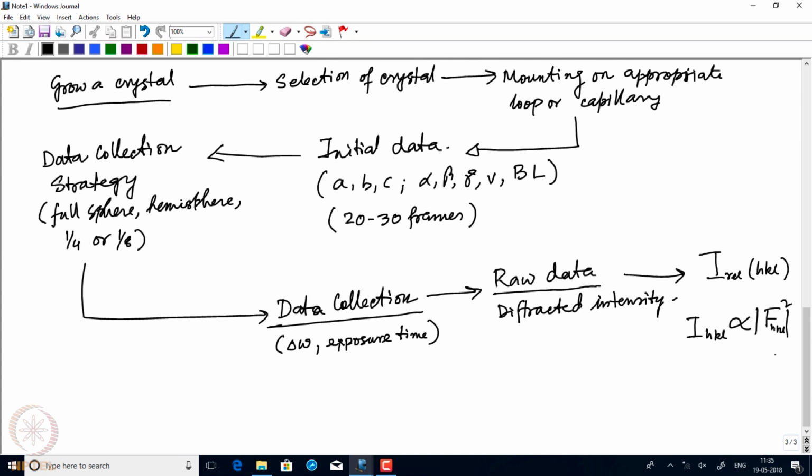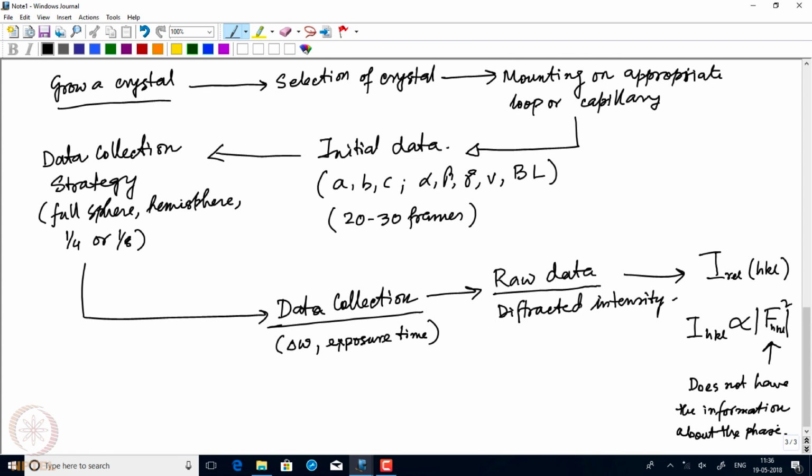Now this mod of F HKL does not have the information about the phase, because what we are measuring from diffraction data is just the intensity of the diffracted beam, and we have no means to measure the phase of each of those reflections.